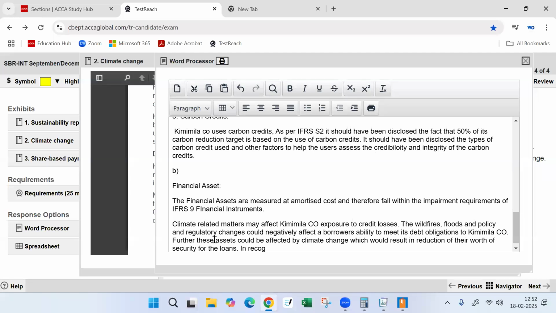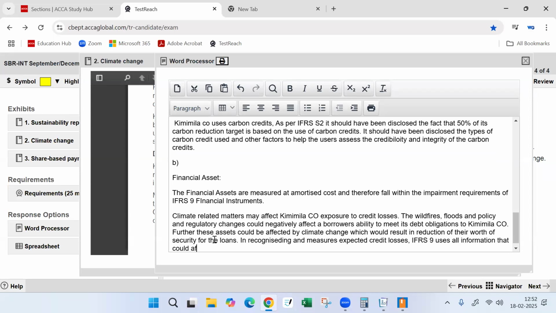In recognizing and measuring expected credit losses, IFRS 9 uses all information that could affect the repayment capability of the debtor. Right?